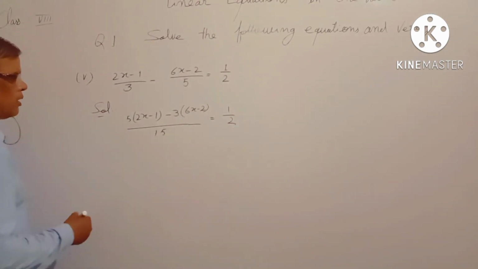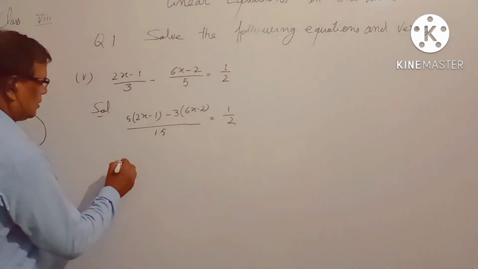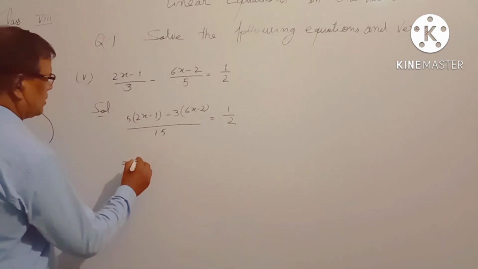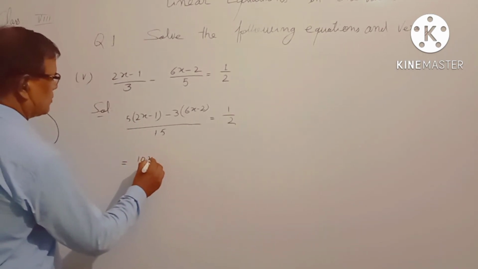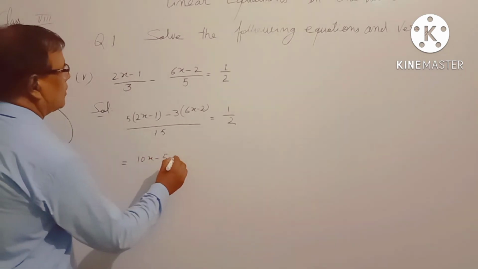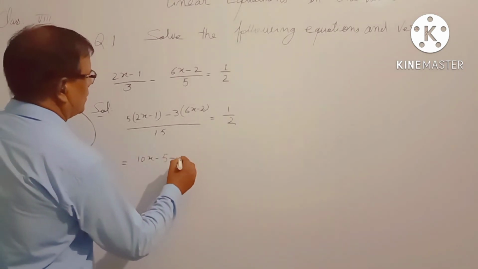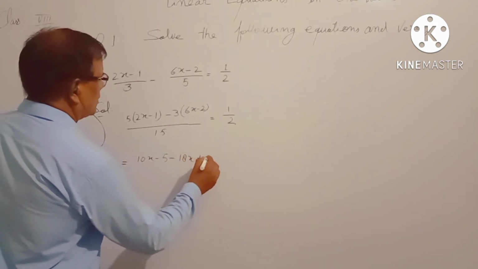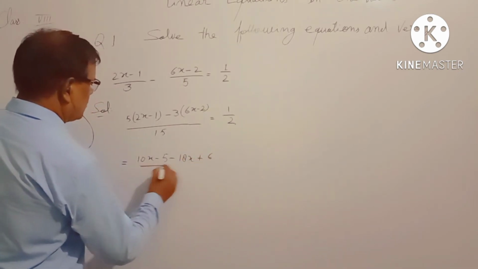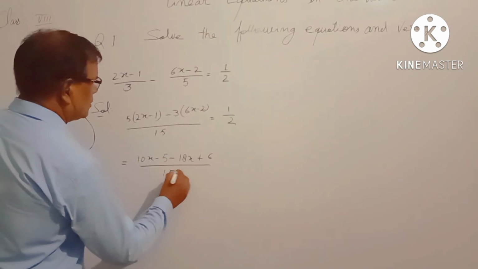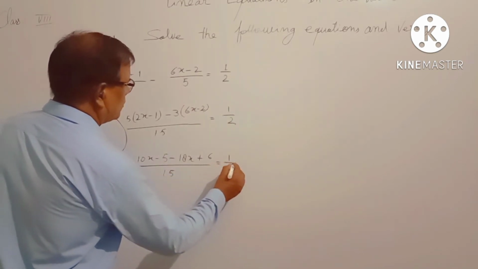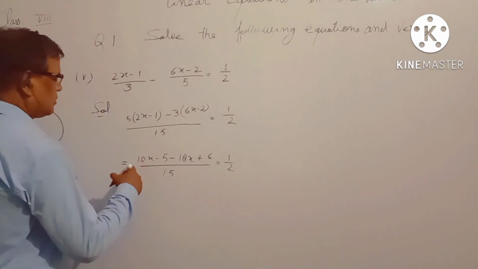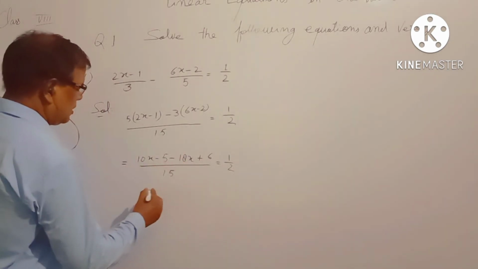Now we break the bracket and simplify it. As we go to the next step, 5 twos are 10, 10x minus 5 minus, so 5 threes are 18, 18x plus 3 twos are 6, by 15 equal to 1 by 2. Now we see here plus 10x minus 18x.